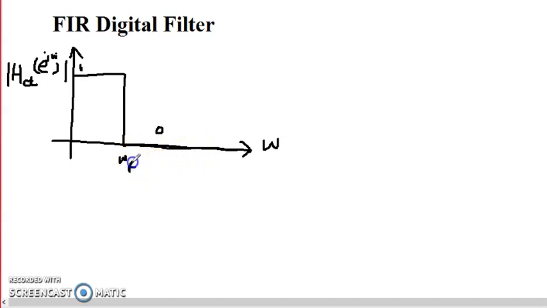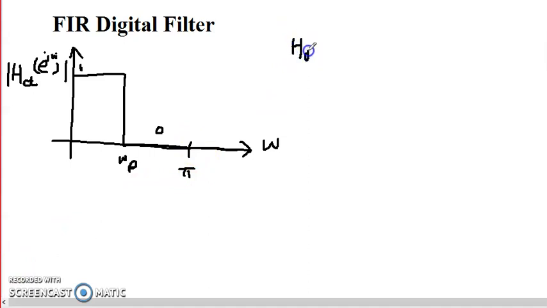So we can say that if omega p is the pass frequency, then there is a sharp demarcation between pass band and the stop band. So this is what the ideal filter will have as the response. Okay, so ideally what should be HD?